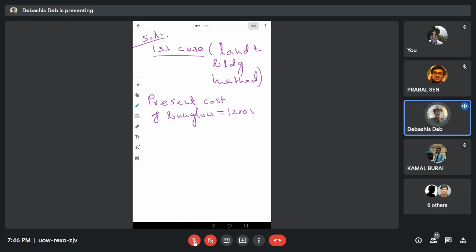1200 into... just see in the additional information, it is mentioned present cost of construction of such bungalow is rupees 620 per meter cube. So it will be multiplied by 620.